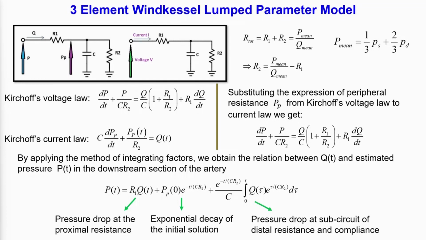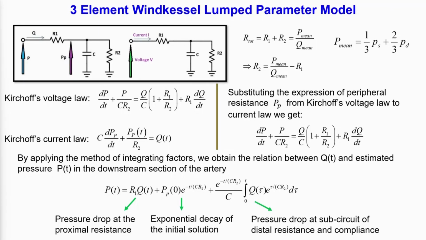Then you do all this algebraic manipulation and you get a differential equation, and you can integrate it by an integrating factor, because it is of the form dy dx plus py equal to q. With that integrating factor you can get an expression for the pressure versus time.